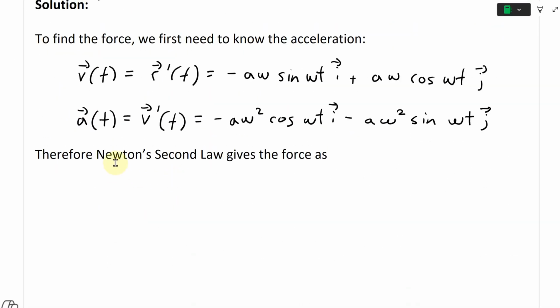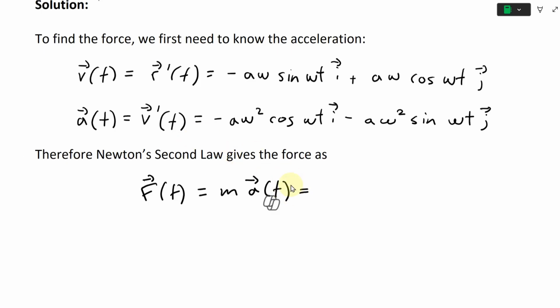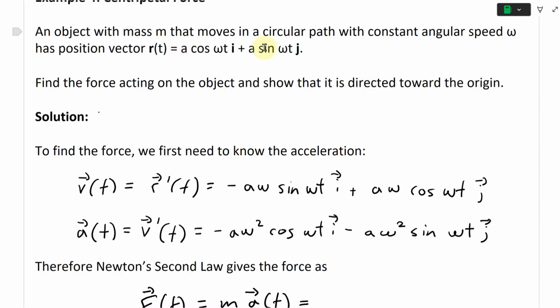Alright, so therefore, Newton's second law gives the force as F of t is equal to m, mass, times acceleration. So there's the acceleration vector. And now this equals m, and what I'll actually do is factor out this omega squared. I'll keep the a there, and I'll show why, just so that it matches up with this part.